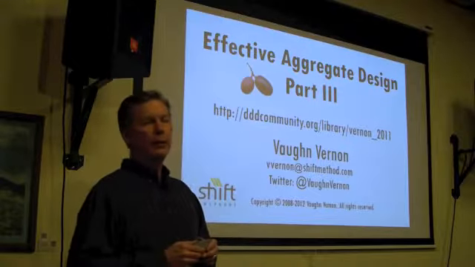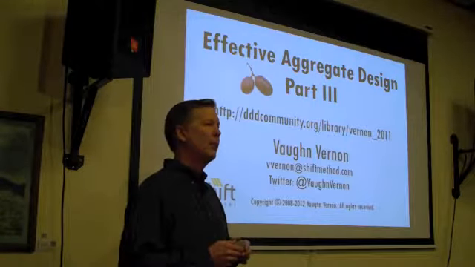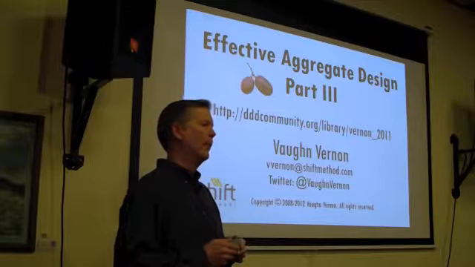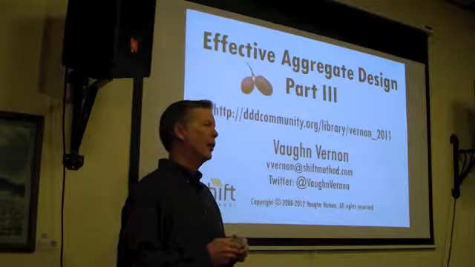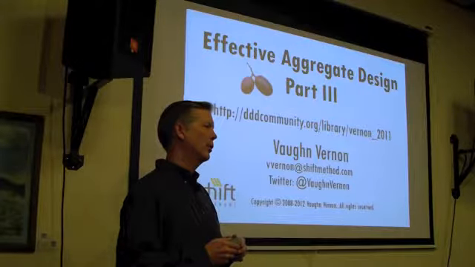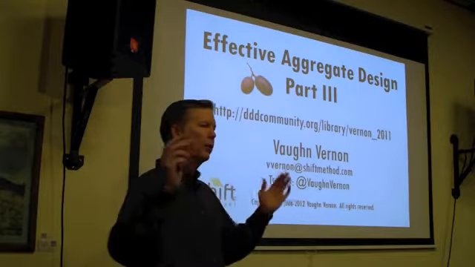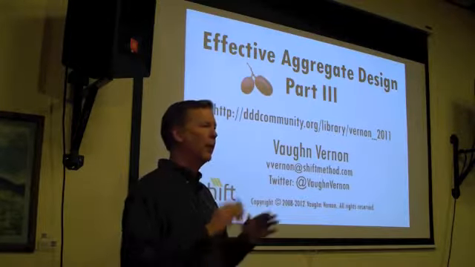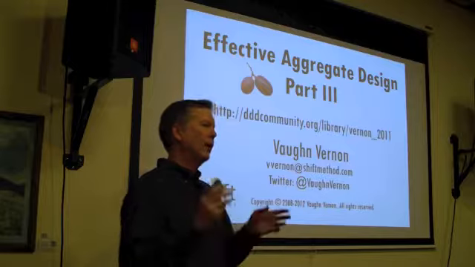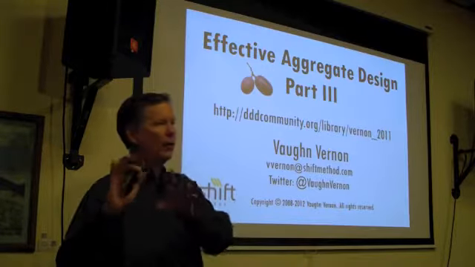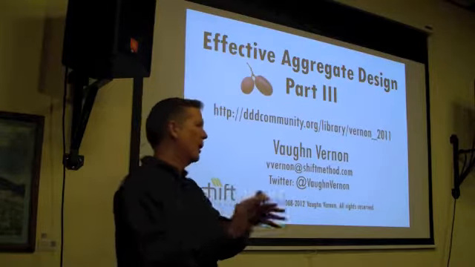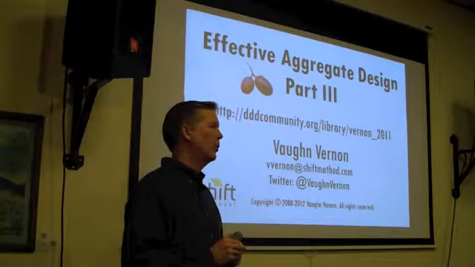Part of the new design that they came up with was to design smaller aggregates. So instead of having a large cluster of entities and value objects under one root, we looked into ways to take that larger aggregate and break it up into smaller ones.